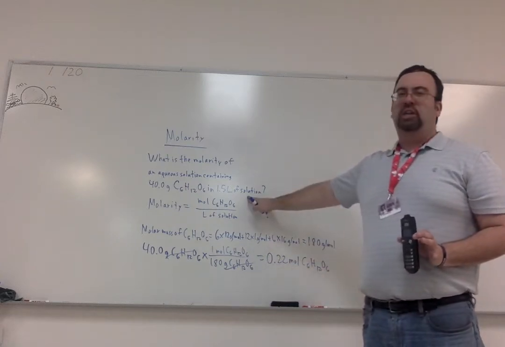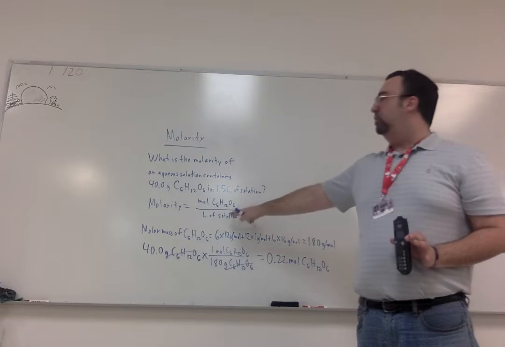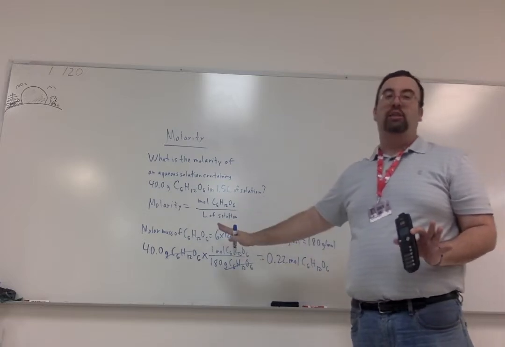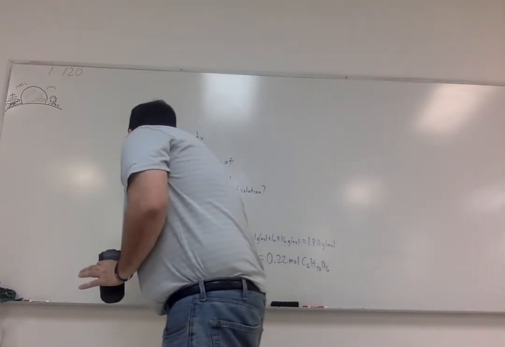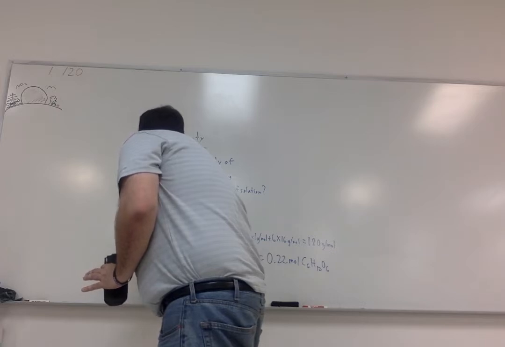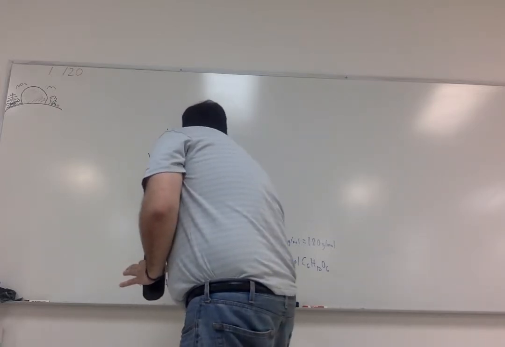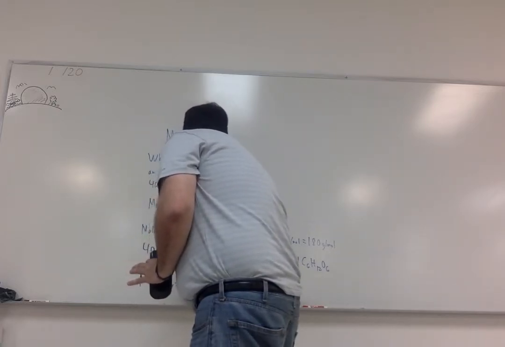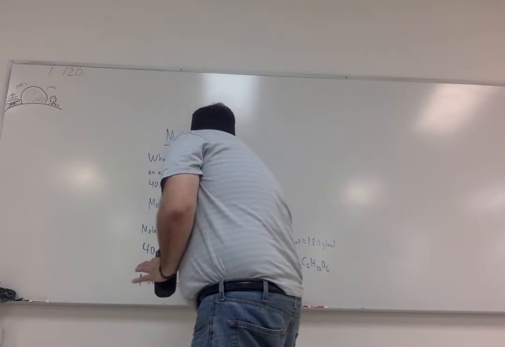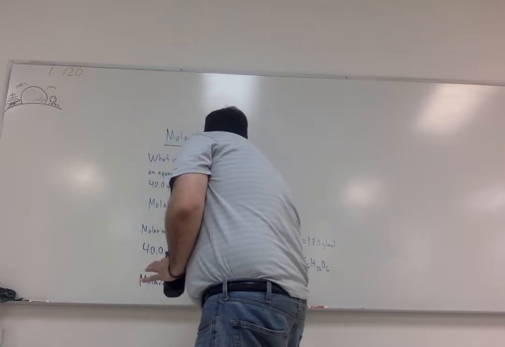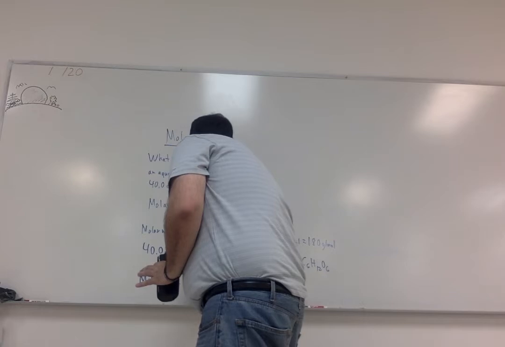We are given the liters of solution, and so we can now go ahead and calculate the molarity. The molarity is going to be 0.22 mole of C6H12O6 divided by 1.5 liter of solution.